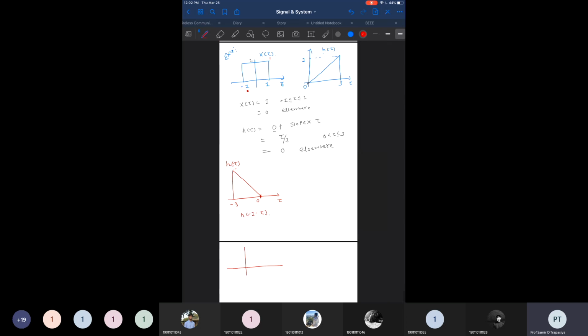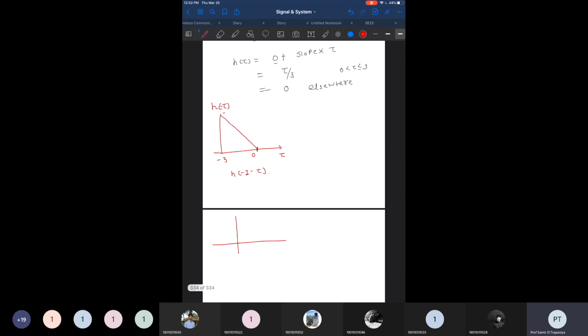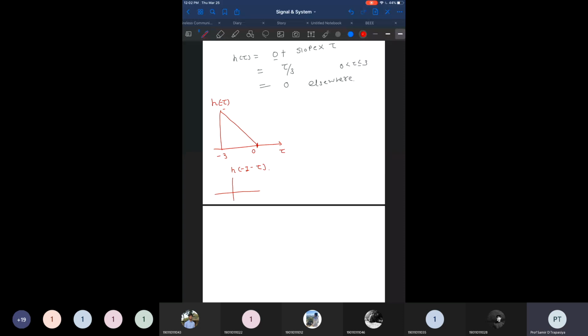So this signal is basically starting from -1, and this point is -4, right? This is the signal h of -1 minus tau, and this is simply known as h of t minus tau.